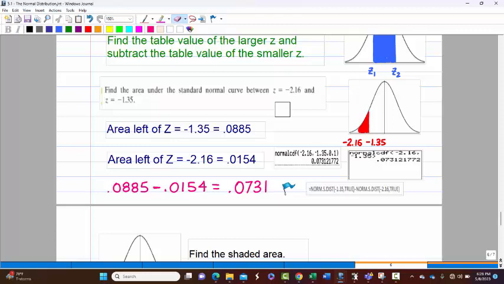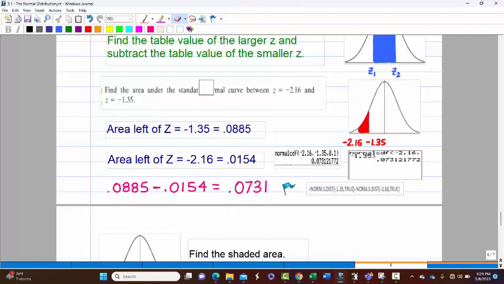Even though they're areas, they're also probabilities, so it has to be an answer between 0 and 1. In the calculator, you don't use either of the 1E99s. You just use the lower z and the upper z. And of course, with the chart, you look up the two and then subtract.